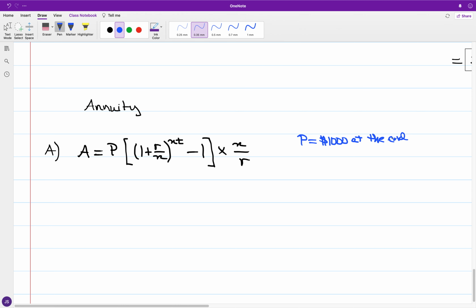And again, just to stress, in case they have it at the end of each quarter. And for R, okay, R is at 10%.